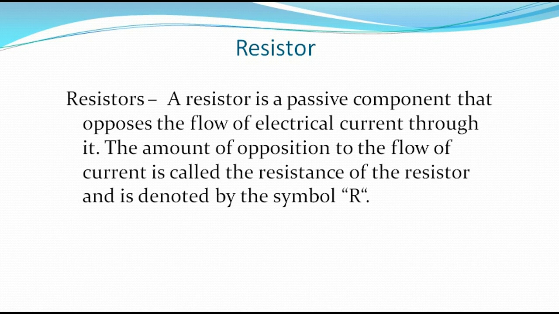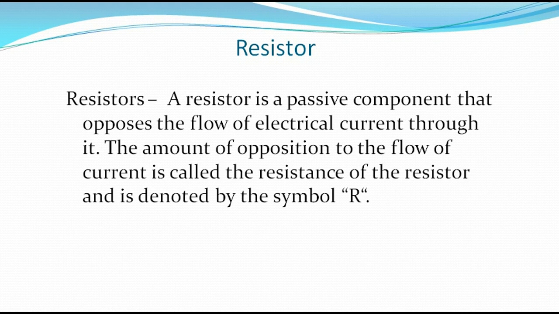A resistor is a passive component that opposes the flow of electrical current through it. As you are opposing, you are telling the policeman that you are not going with him or her, whosoever. That is the same thing that a resistor is doing.